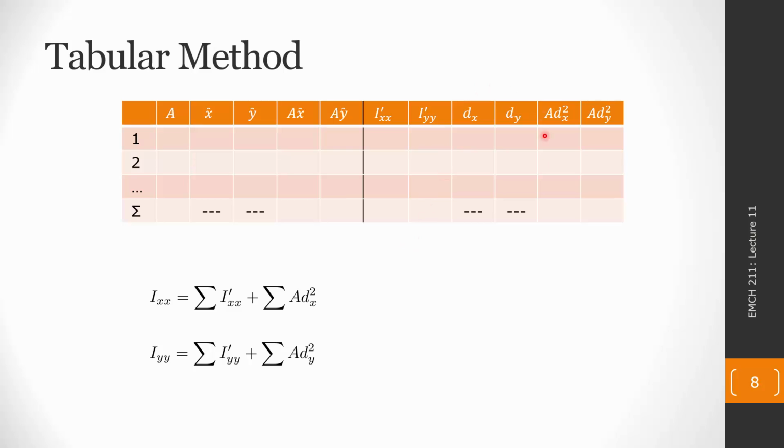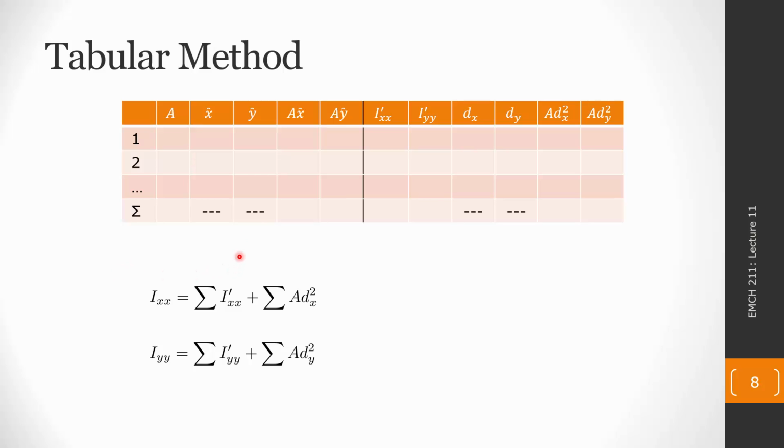The Ixx prime, that is the area moment of inertia of the subshape about its own horizontal centroidal axis. Iyy prime, same idea, the subshape's moment of inertia about its own vertical centroidal axis. dx, we've actually already have every ingredient for. dx is going to be the difference between that shape's y tilde and the y bar, which we've already calculated for the composite shape.